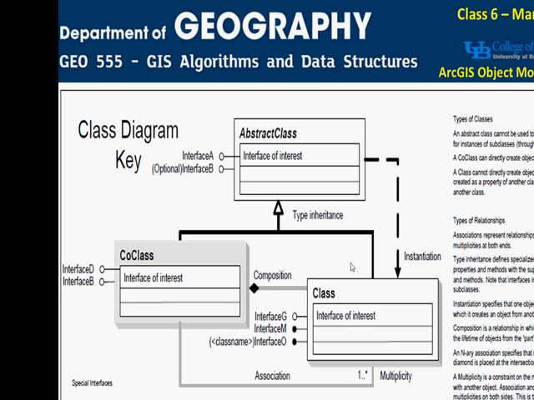Before we do that, another thing we'll talk about are enumerations. Enumerations are where you are setting a property or retrieving a property and there's a set number of possibilities. So for example, let's say you're issuing a command to create a new vector shapefile. One of the things you set is the type of shapes. Well, there's only a set number of possibilities, you know, point, line, polygon.